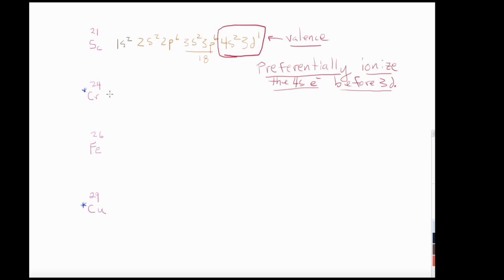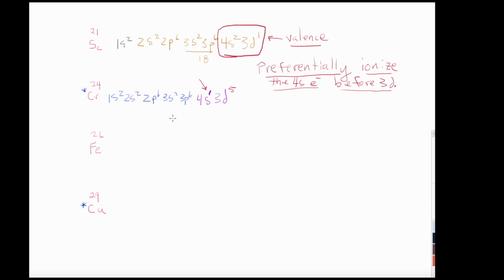So for chromium, the configuration is going to be 1s2, 2s2, 2p6, 3s2, 3p6, so we're at 18 at this point. And then what makes these distinct is that only one electron goes into the 4s shell. All right, and then we're going to have 3d5 here.